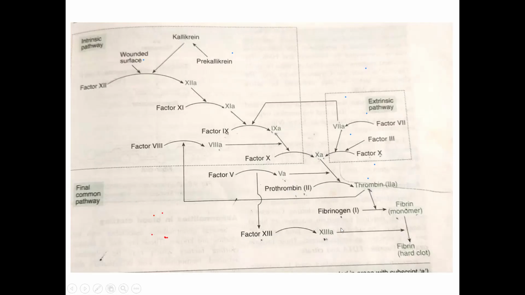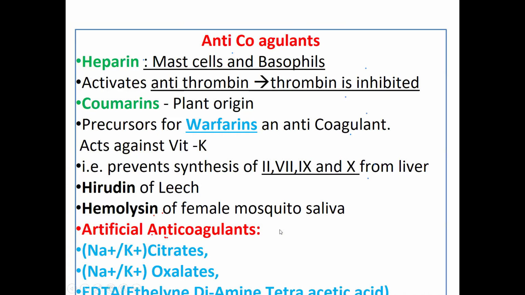The 13th factor is activated and it acts on the fibrin monomers to make a hard clot. So that closes the wound. The gaps are filled by the platelets, which are adhesive in nature.